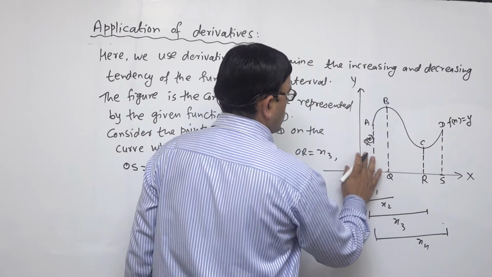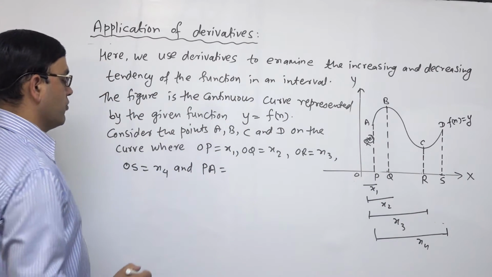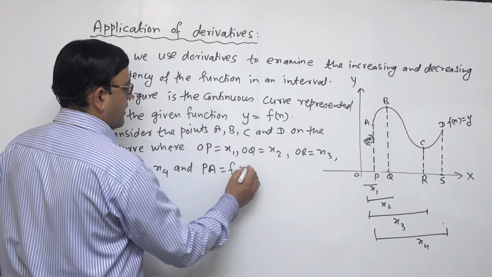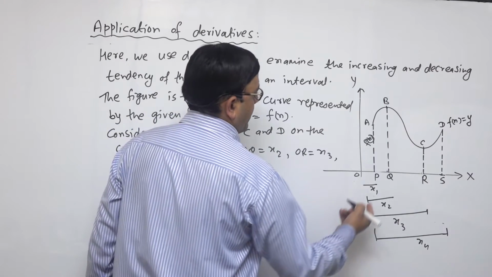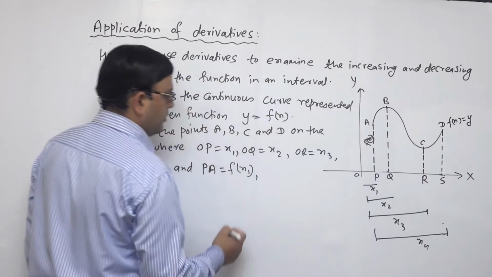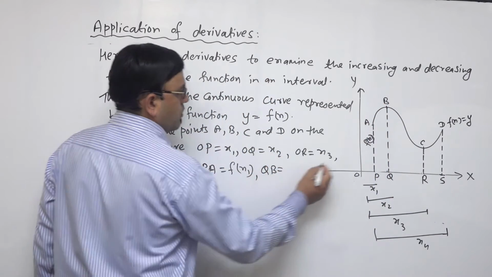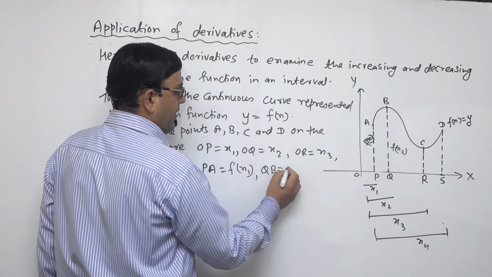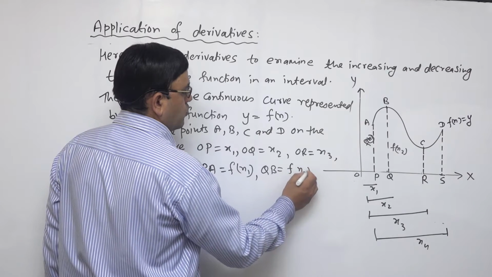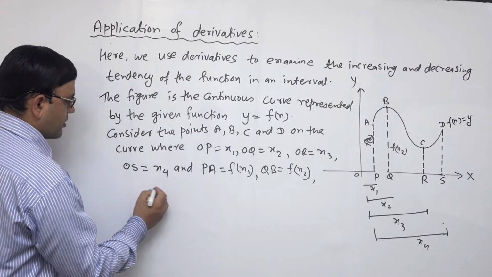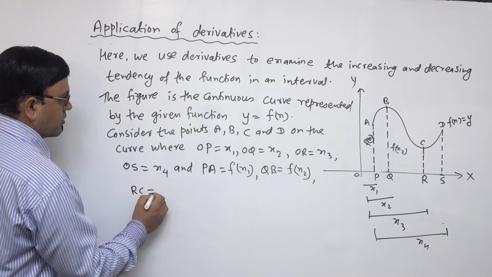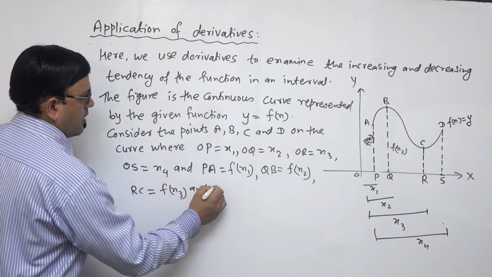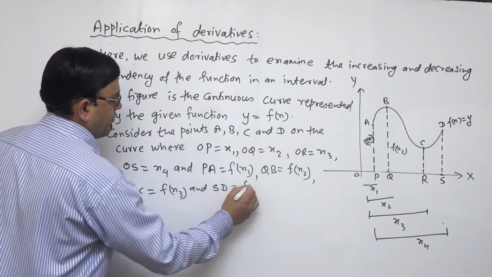QB is equal to f(x2), RC is equal to f(x3), and SD is equal to f(x4).